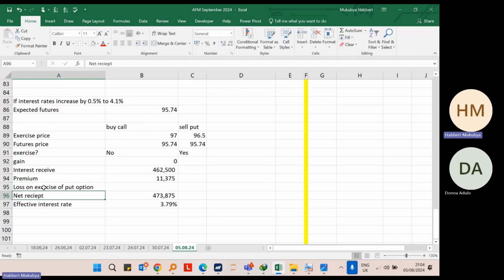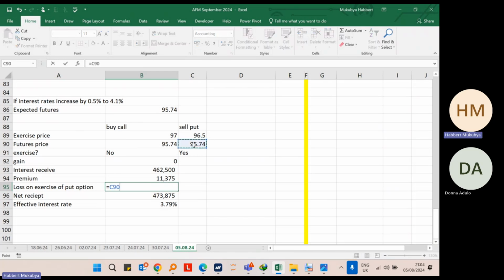So now, what's the loss on that exercise? So what's the difference here? It is 0.76, right? So by them exercising, that's the difference.